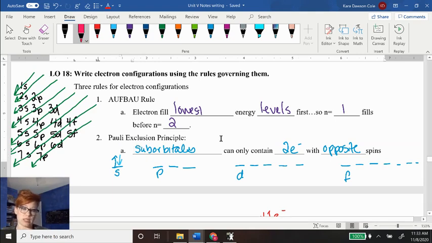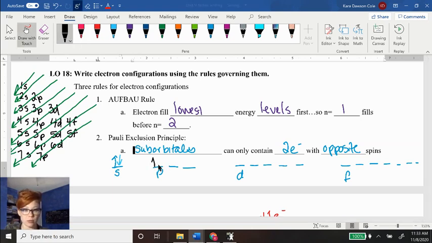The Pauli exclusion principle: suborbitals can only contain 2 electrons with opposite spins. So in order for electrons to come into a suborbital, they have to have something different about them. A violation of Pauli's exclusion principle would have the 2 arrows pointing up or the 2 arrows pointing down.